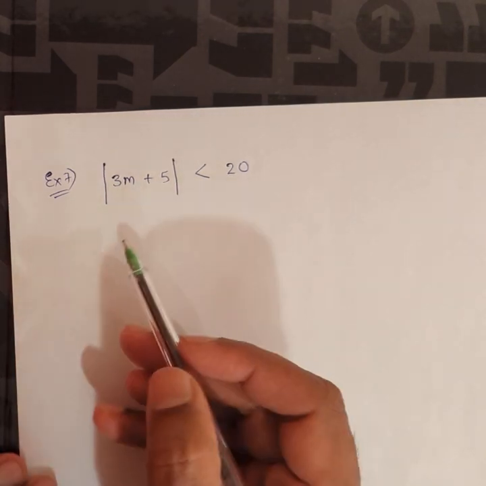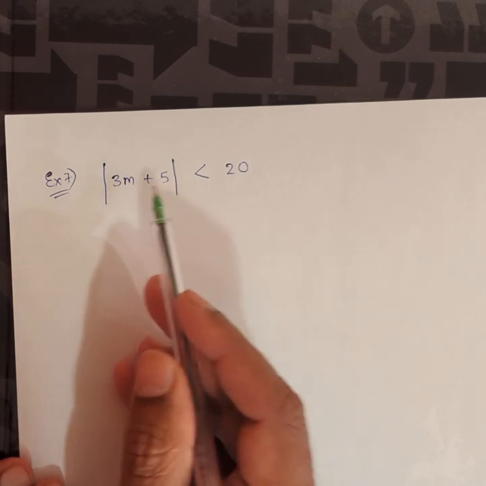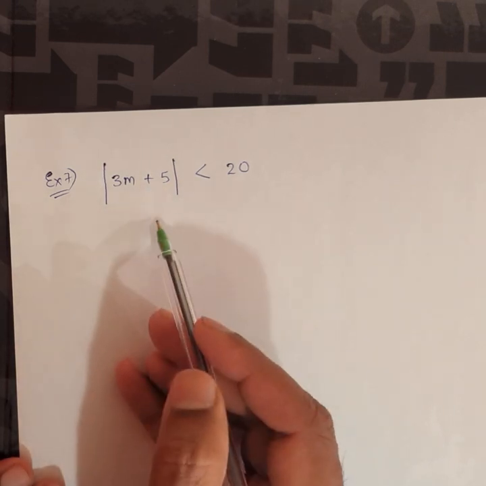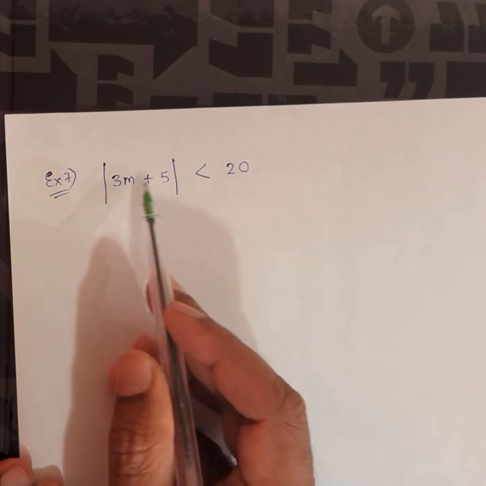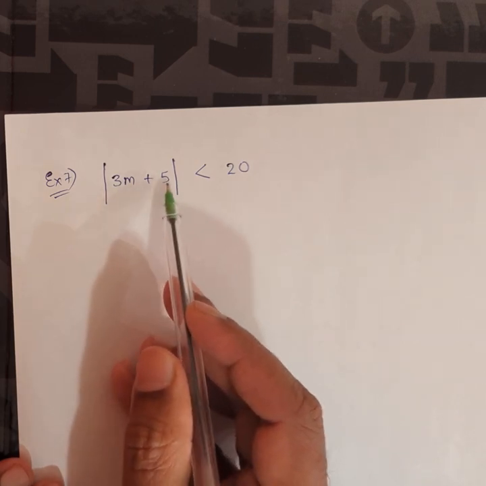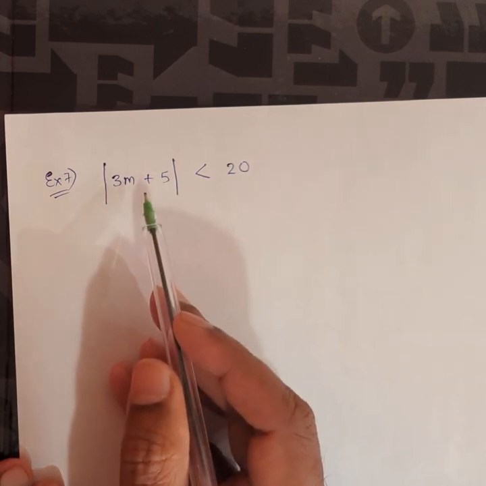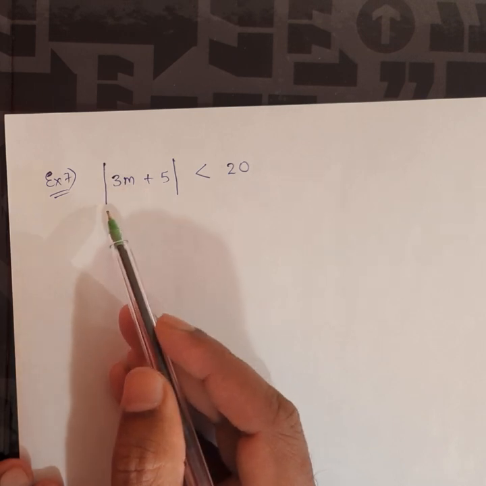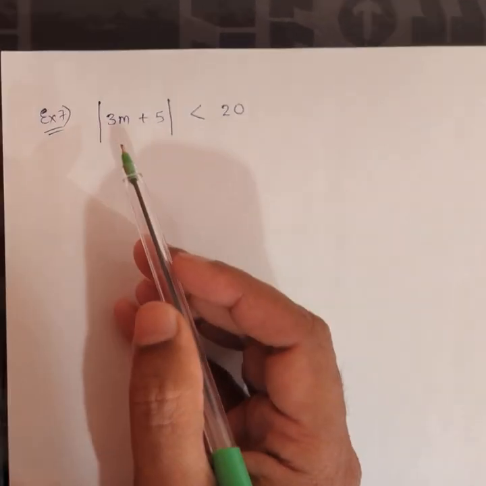Now this time, what I have on the left side is just the absolute value, but it's not just the variable. It has something more than the variable. But the idea is still the same.